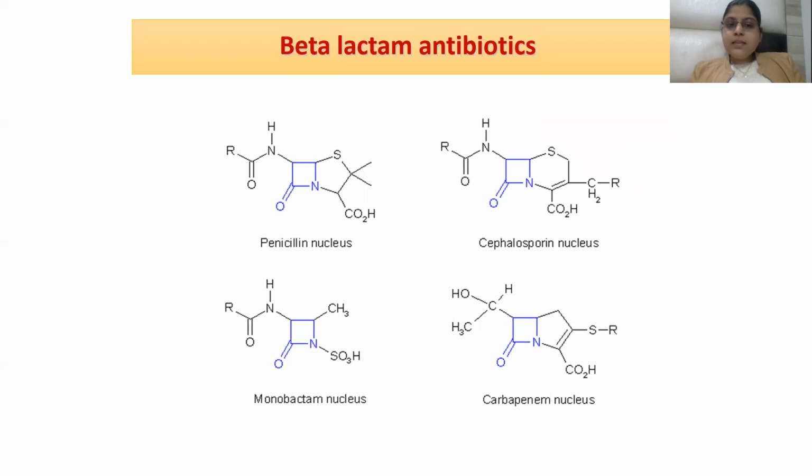The difference in the second ring structure determines the name of the beta-lactam antibiotic: the penicillin nucleus, the cephalosporin nucleus, the monobactam, which has only one ring, and the carbapenem.